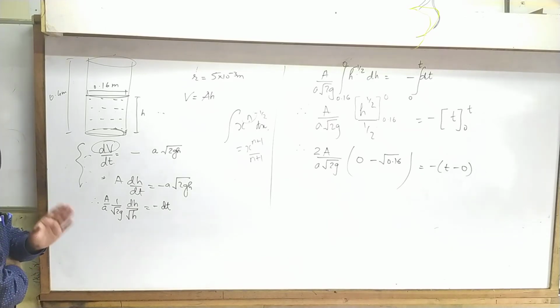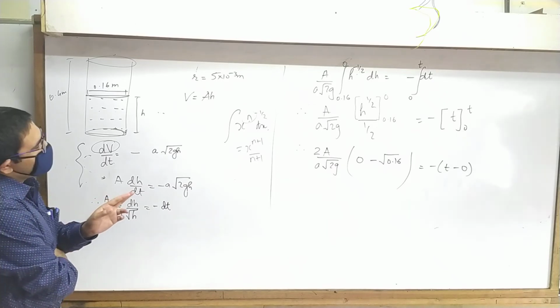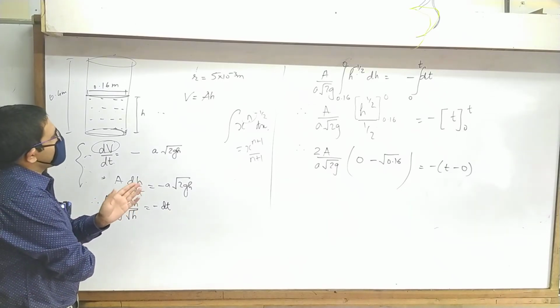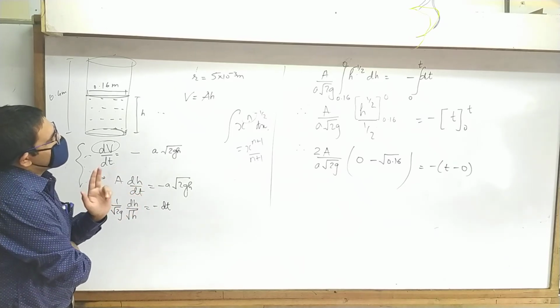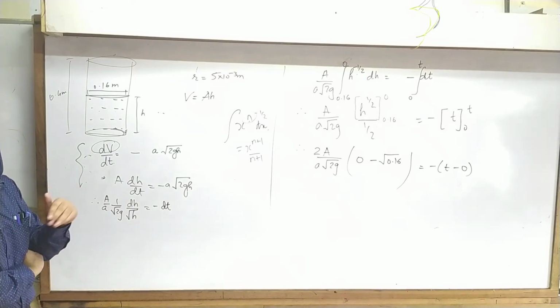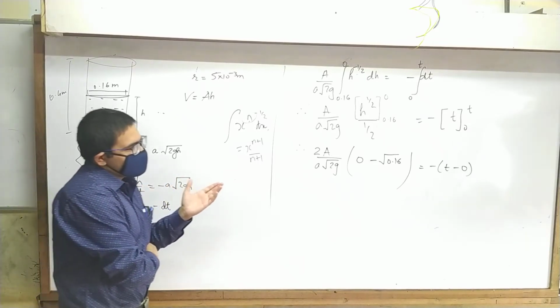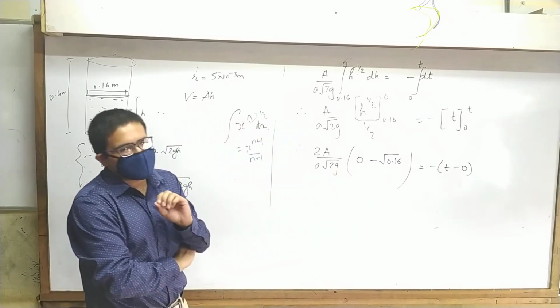Root 2 into area, 0.16 squared. 16 squared is 256, into 4 is 1024. 1024 into 0.4.